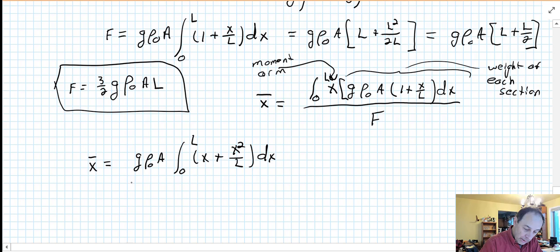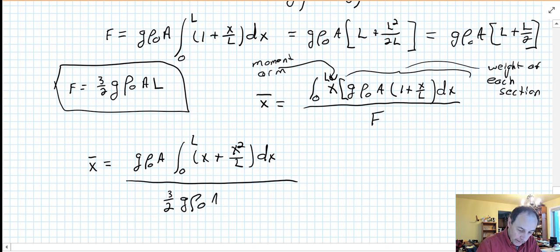And that goes over F, which we found to be 3/2 g rho 0 A L. Now we can do some simplification. We have a g in the top and the bottom, a rho in the top and bottom, and an A. So our constants completely went away.